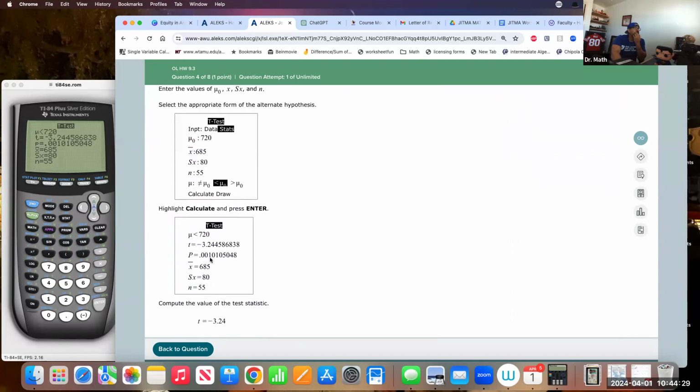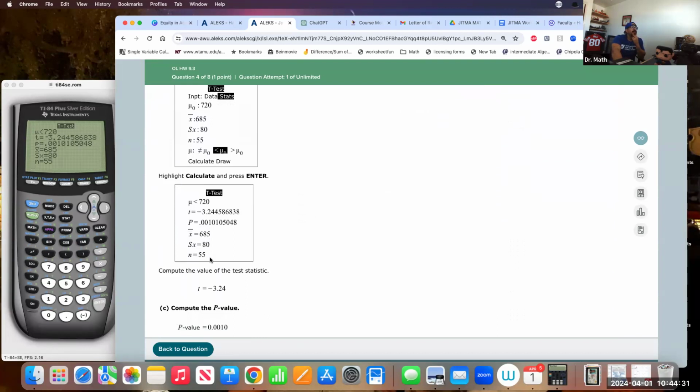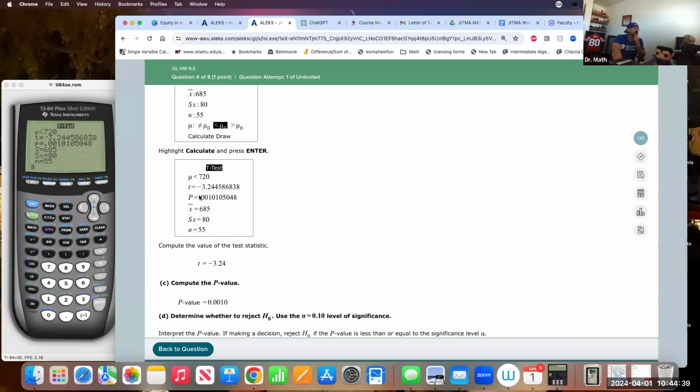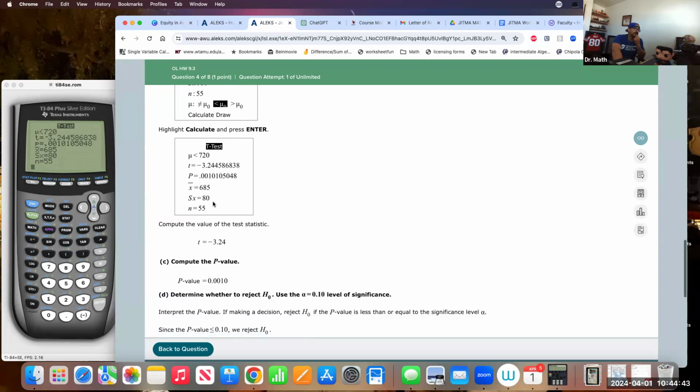It's a 0.1% chance. So there's something else going on. So our average FICO score is less than 720, and there's really strong evidence showing that it is less than 720.